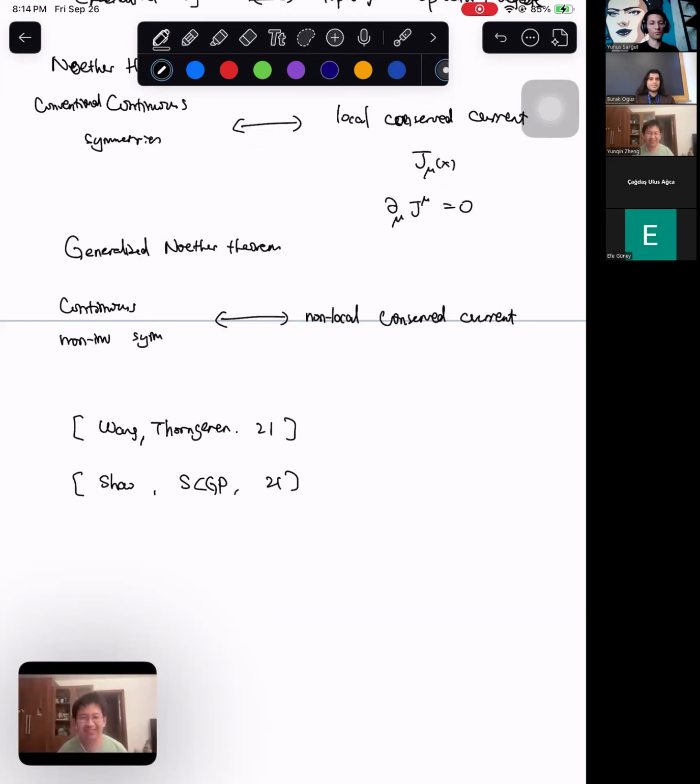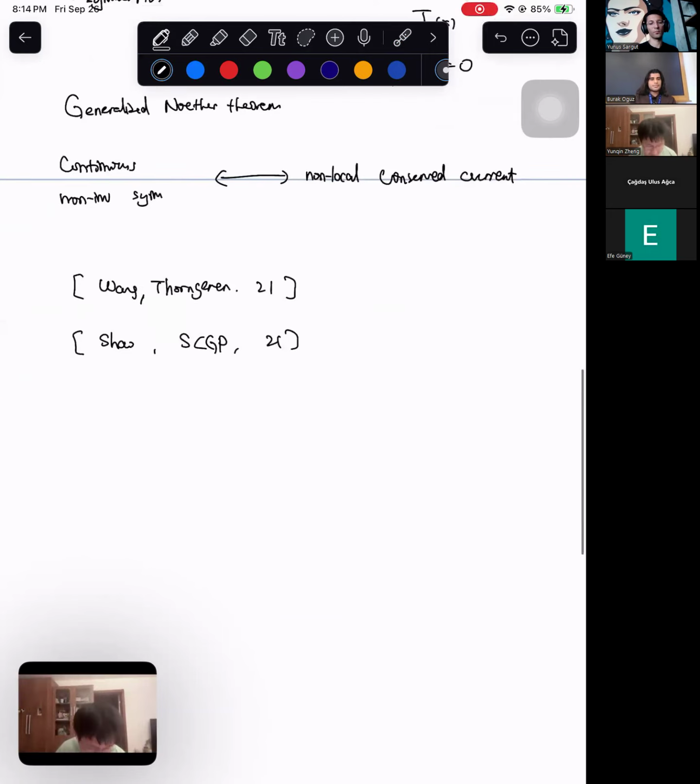So maybe let me briefly explain this. Let's recall the ordinary symmetry. For the conventional ordinary symmetries, we can insert a defect. For example, we can talk about the symmetry operator, and the symmetry operator is supported on some codimension-1 surface, right?